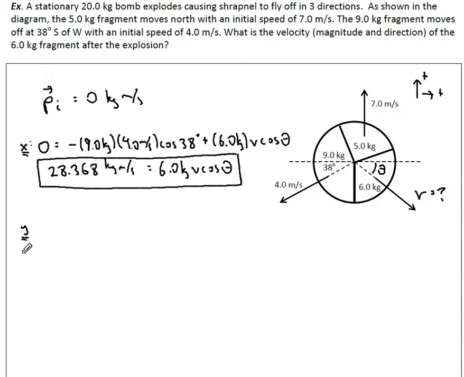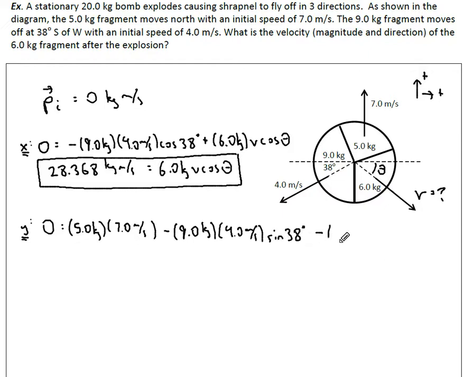In the y direction, again, it's initially at rest, then explodes, sending things in different directions. It has that 5 kilogram object, so 5.0 kilograms, multiplied by 7.0 meters per second. And the other 2 objects are both going down, so it's going to be minus the 9.0 kilograms times the 4.0 meters per second sine 38 degrees and minus the 6.0 kilograms multiplied by v sine theta.